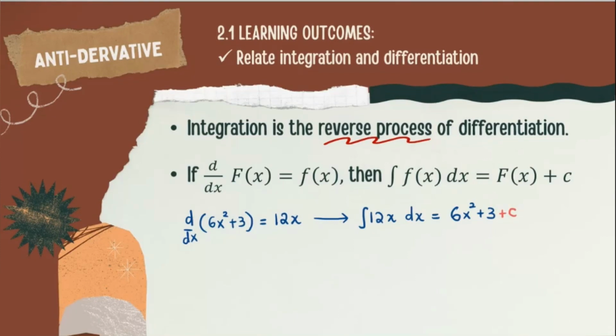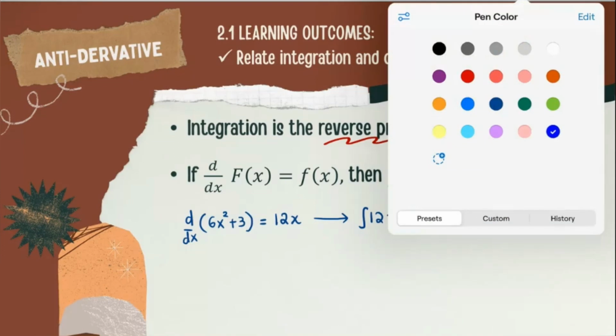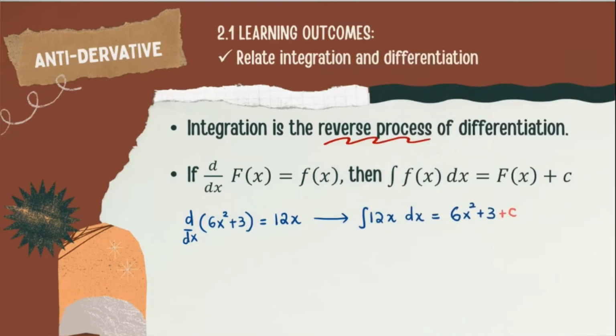Let's say now I want you to differentiate 6x squared sahaja. This term tak ada plus 3, dia hanyalah 6x square sahaja. So bila kita differentiate 6x square, the result will be the same, 12x.